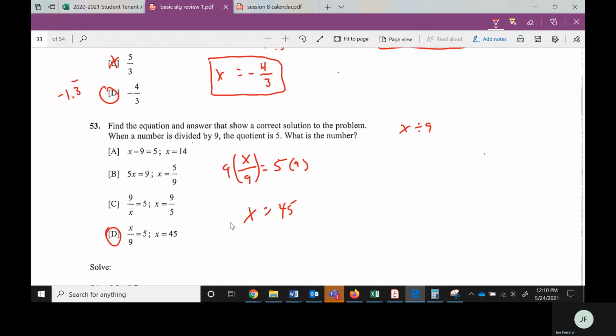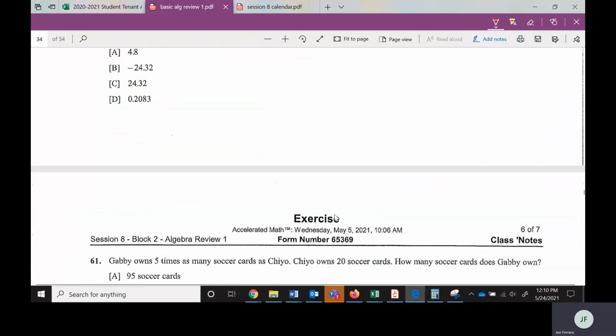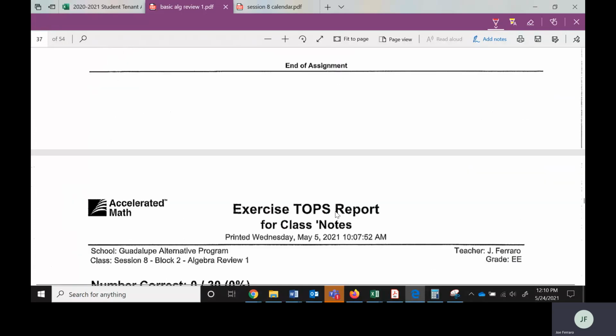Okay. So that's a review of one-step multiplication and division solving problems. I'll go to the end here and circle which ones we did so you can reference them if you need help on other problems.